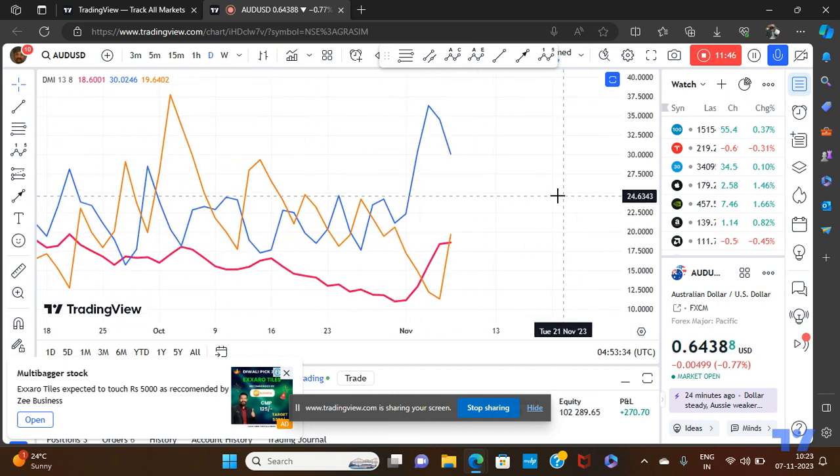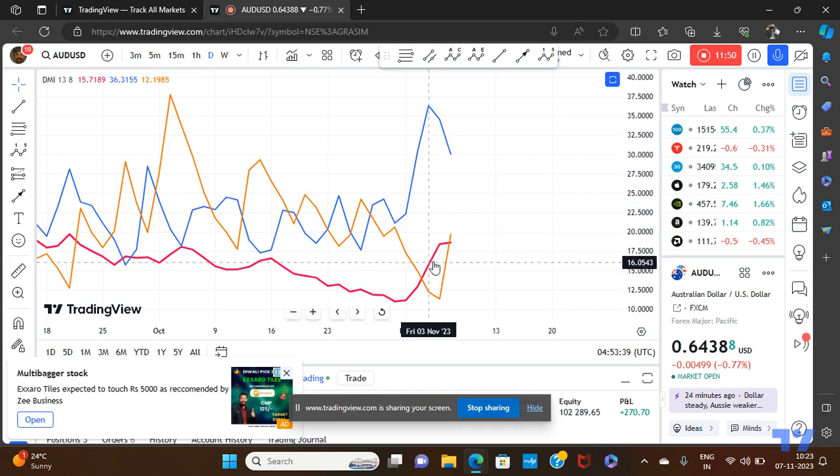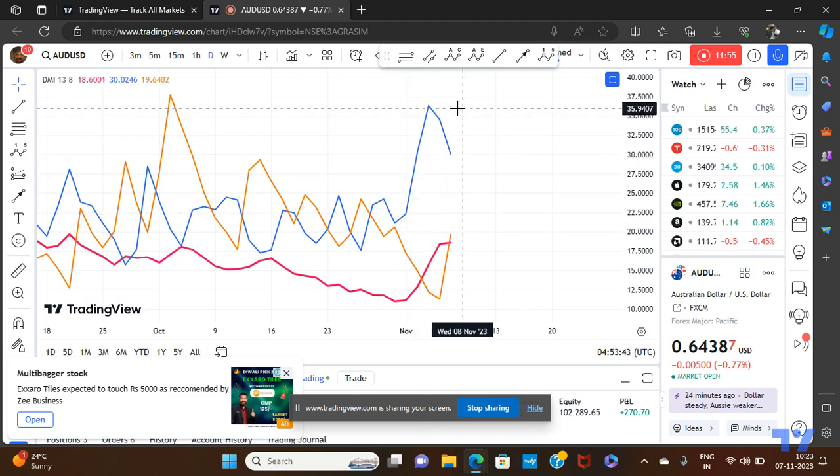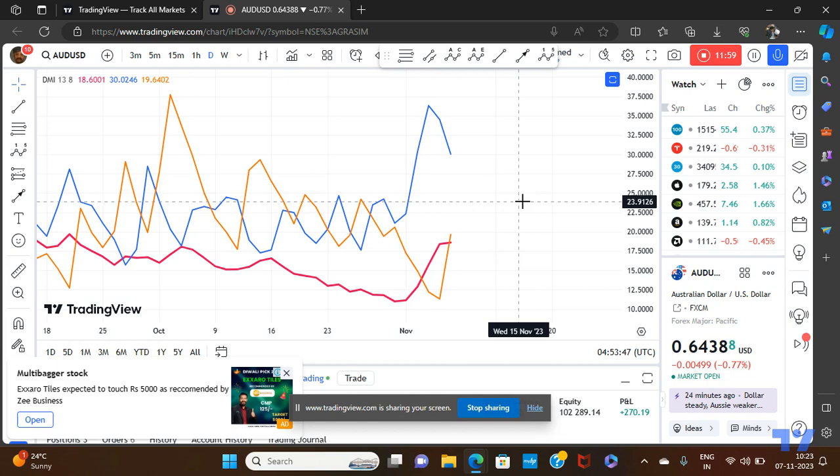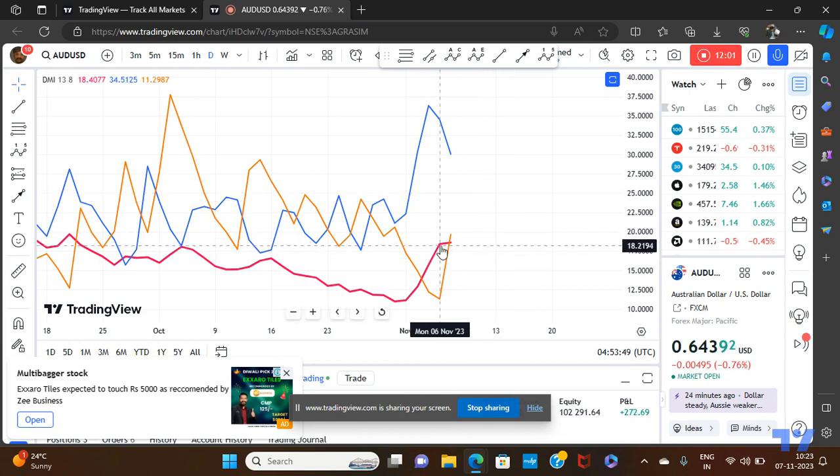I want to see the value of ADX. So ADX is already at a high, and this DMI and the PDI. I want to see this ADX, this red line rising, supporting this blue line.